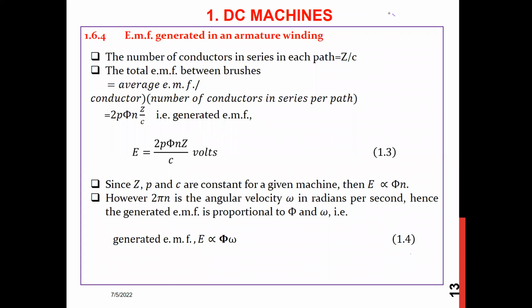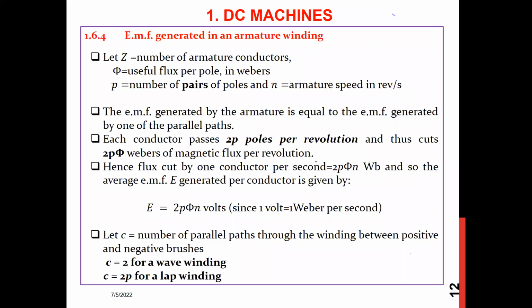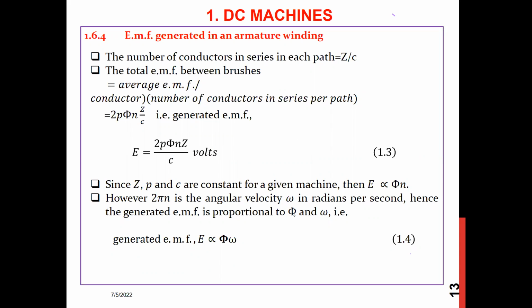The number of conductors in series in each path is equal to Z divided by C, Z being the number of armature conductors, and C being the number of parallel paths.